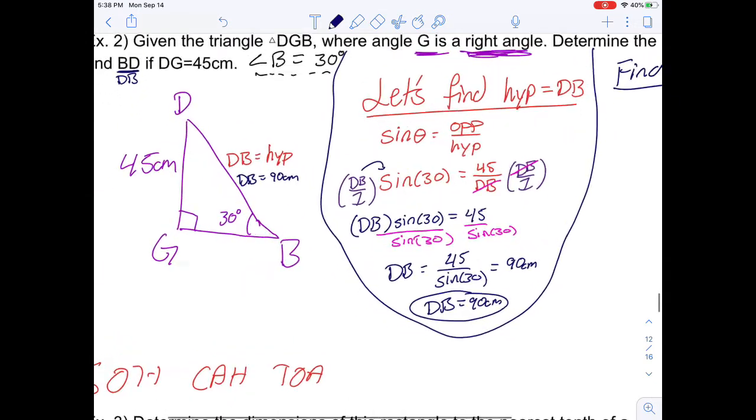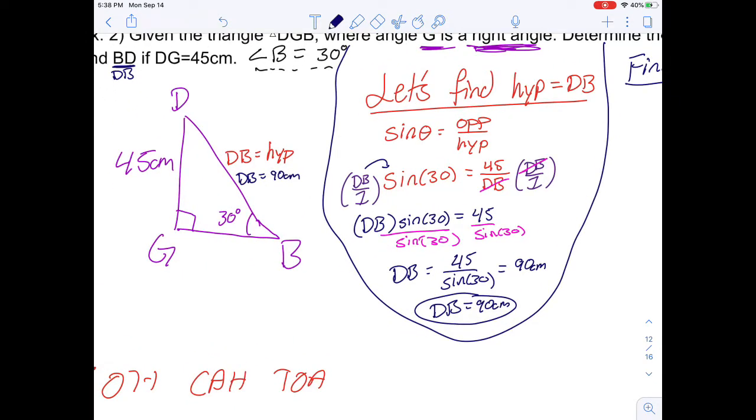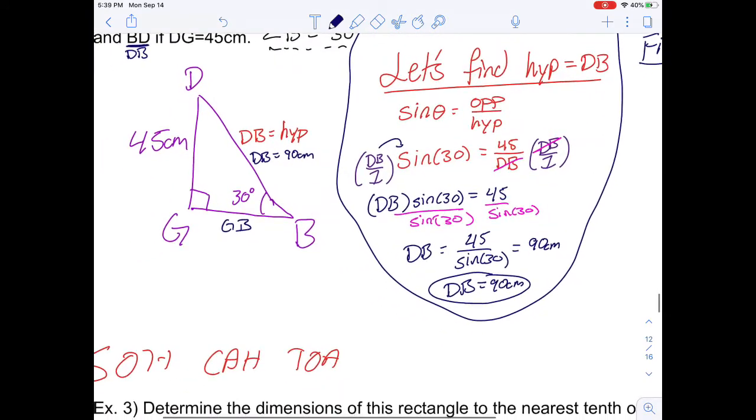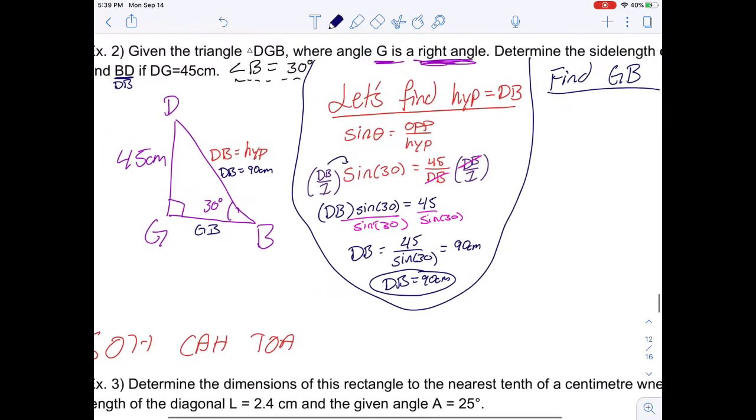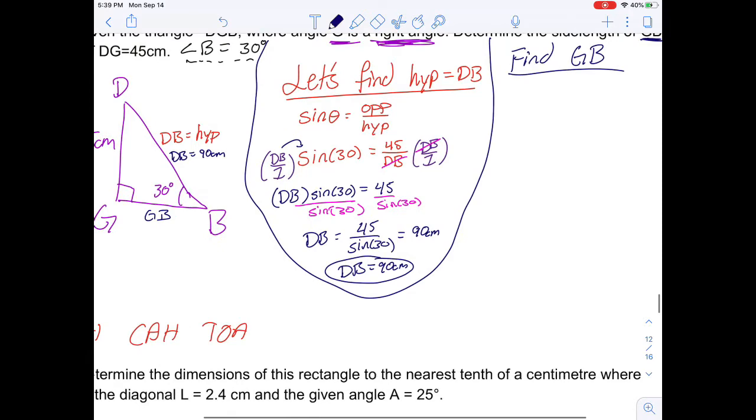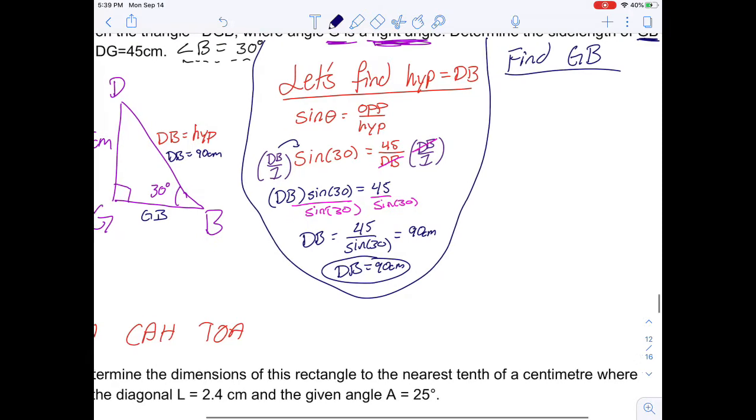You could use either Pythagoras or you can use the ratios. I'm going to practice using ratios here. I'll probably end up showing you both anyways.